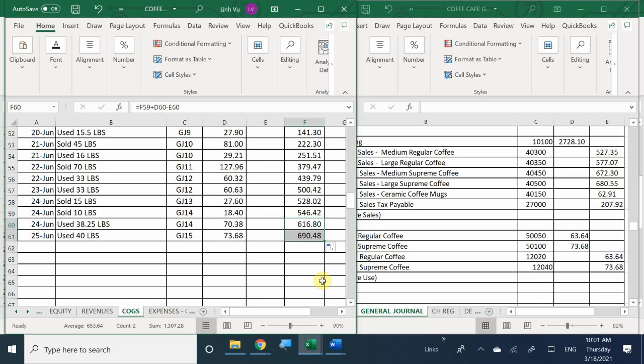Which should give you a total of 690.40. Now, last but not least, we're going to go ahead and update our assets.